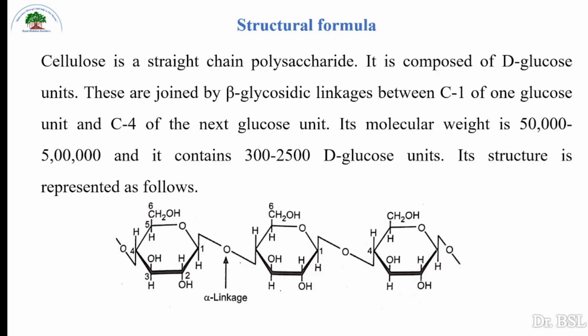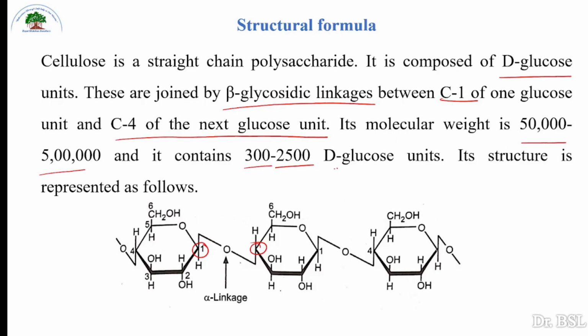Structural formula. Cellulose is a straight chain polysaccharide. It is composed of D-glucose units. These are joined by beta glycosidic linkage between C1 of one glucose and C4 of next unit. So this is C1 and this is C4. Its molecular weight is 50,000 to 5 lakh, and it contains 300 to 2500 D-glucose units.